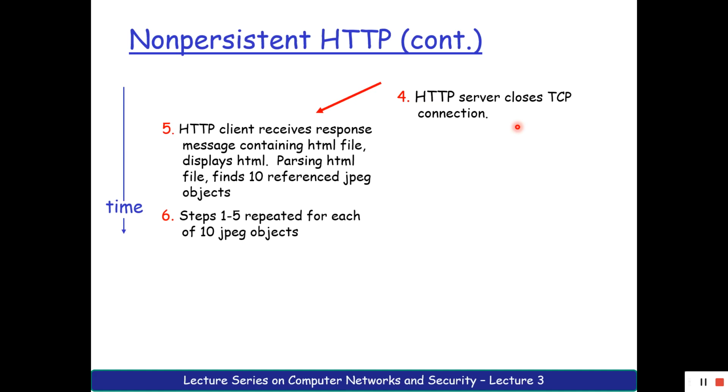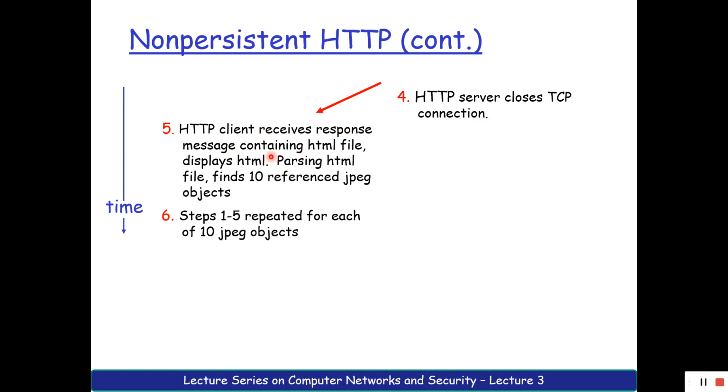So the server sent home.index, but the server is least bothered that home.index needs 10 more objects to show on, correct? So what the server did was send home.index and close the connection. It did not wait whether the client has received it or not, or whether the client is in need of some other help. It just closed off the connection, correct?